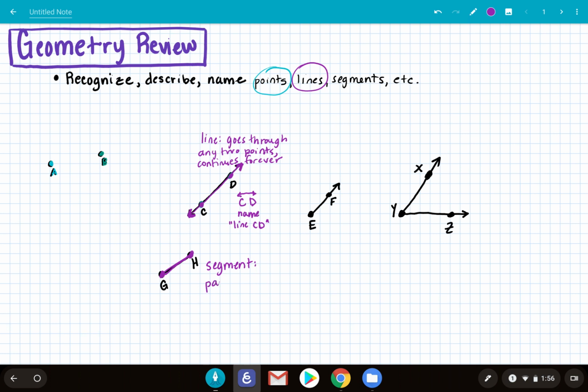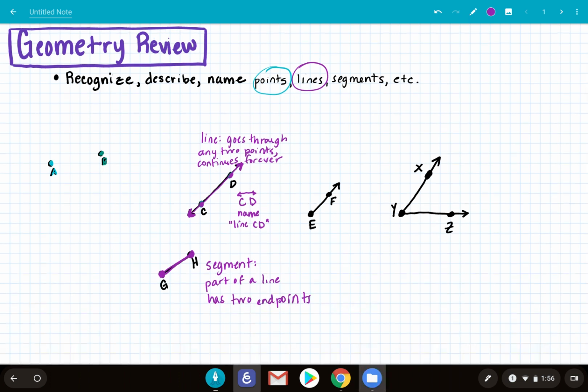It's basically part of a line. It has 2 endpoints. So in this case, it starts at G and ends at H, and it does not continue. If I were naming this line segment, I would give the 2 endpoints and put a segment above it.